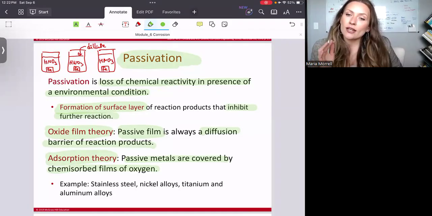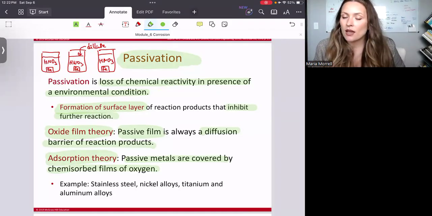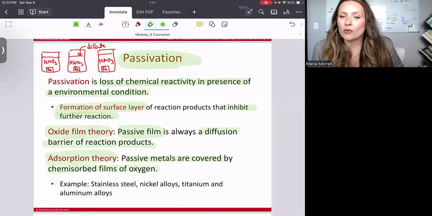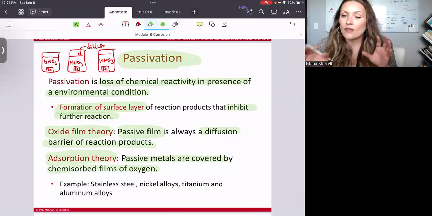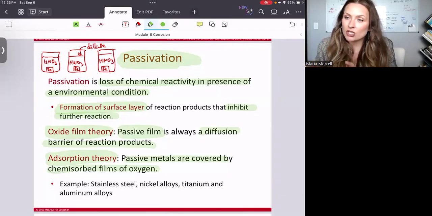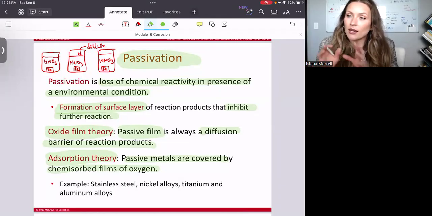Even though we cannot explain the nature of the films, I'm not going to go into detail about why the two theories exist, but there are studies that show a potential that the film is made out of oxygen that is chemisorbed on the metal surface as a film.